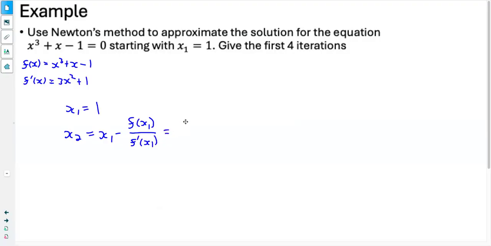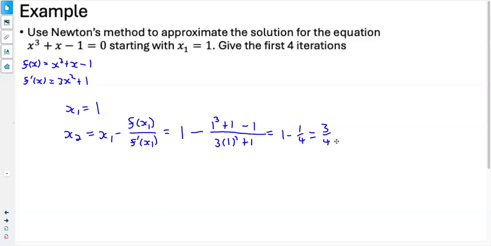If we substitute our values in, we get 1 minus a fraction, where f of x1 is 1 cubed plus 1 minus 1, over 3 times 1 squared, which is our f prime, plus 1. In this case, that's 1 minus 1 quarter, which is 3 quarters.